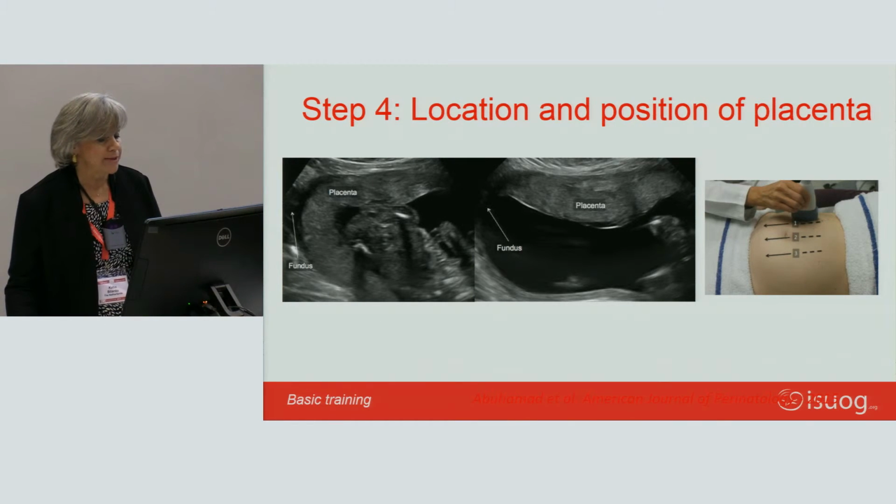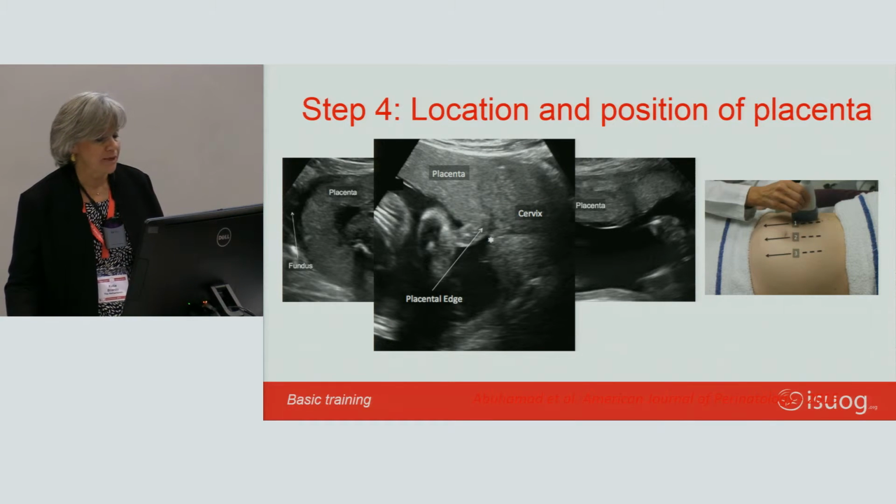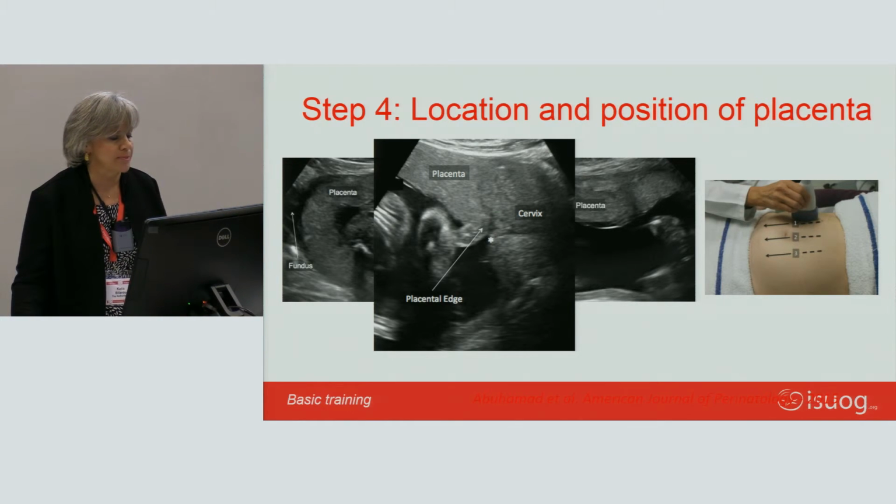Or we may have an anterior placenta, and we may find it especially on line 2 here. And we may even have a placenta which is anterior but goes down, almost reaching the internal cervical canal. In this case, as we will see later this afternoon, we call this placenta low lying.